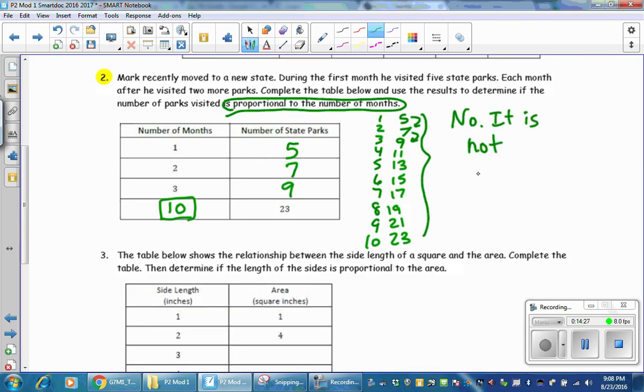It's a nice pattern, but it is not proportional because there is no multiplier that works for every pair. 1 times 5 equals 5. 2 times 3½ equals 7. 3 times 3 equals 9. Since this multiplier is different for every pair, this is not a proportional relationship.